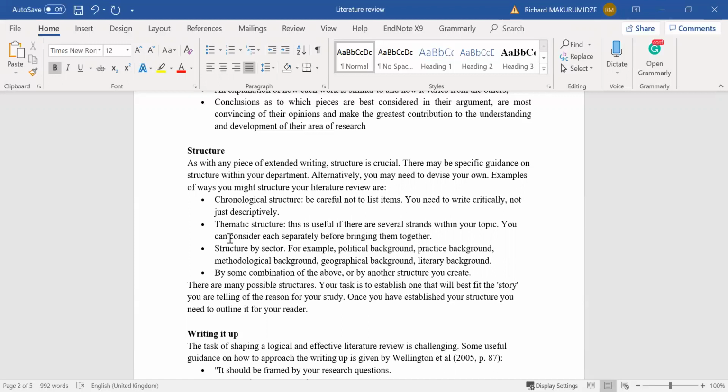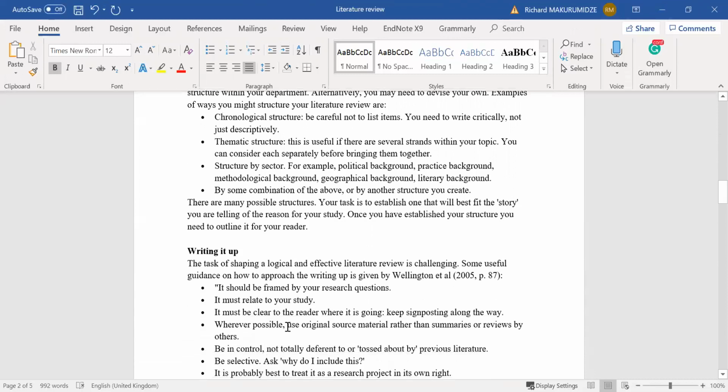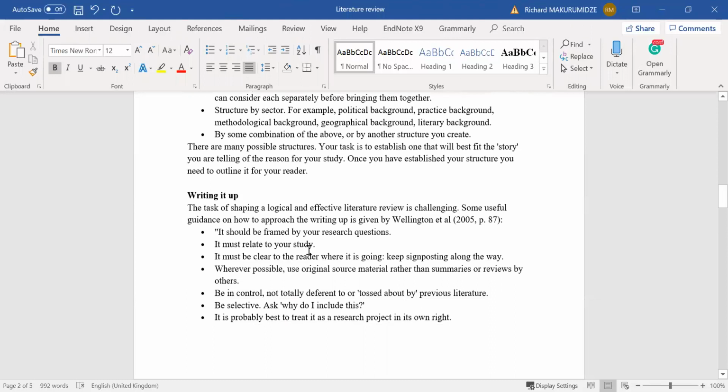You can also structure it by political practice, or geographical, depending on whatever classification your objectives are classified under. So you can use any of those to structure your literature review, or you can combine these things. You can use the chronological order if they are events, or thematic. But what is important is that you make sure your literature review is organized in a structured manner.